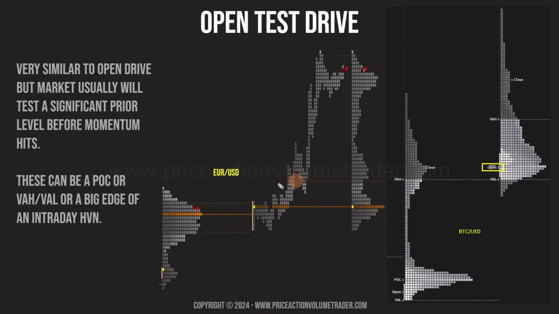Okay, and then this is a Euro US dollar example. You can see how we had one day here, we opened up here, we closed here. So we had this nice big high volume node. We have value area high, value area low. And you can see the next day at 5 p.m. Eastern during the Asia session, we open here, pull back right into the value area low.